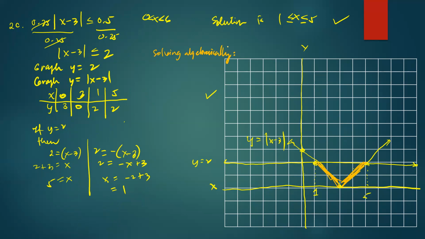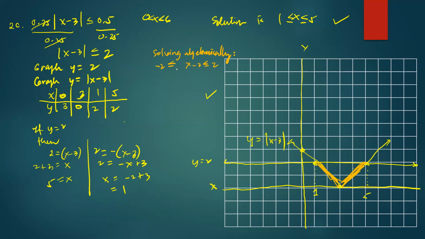Okay, can you still remember? So to solve this algebraically, by definition, it is said that we need to equate. So for example, we have this one. We will have negative 2, okay, less than or equal to x minus 3, but less than or equal to 2. Okay. So let us solve for x.